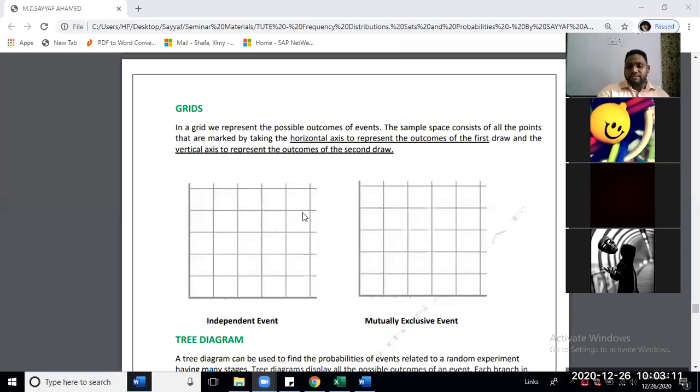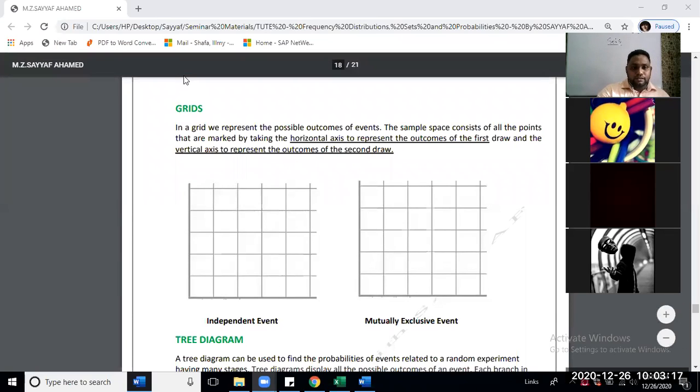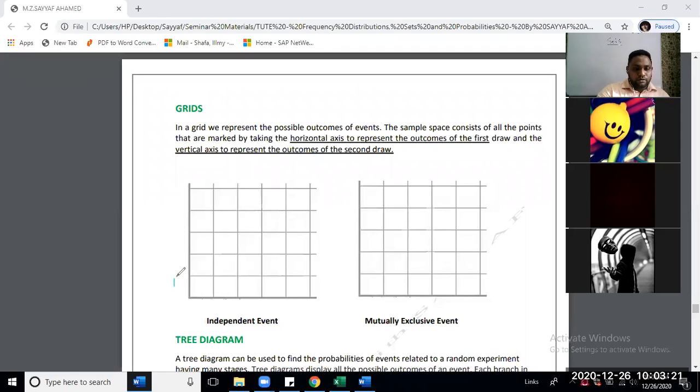So there are two grids given, and thinking that we have like 5 colors, so let's say we have brown or blue, black, white, yellow, orange and pink.